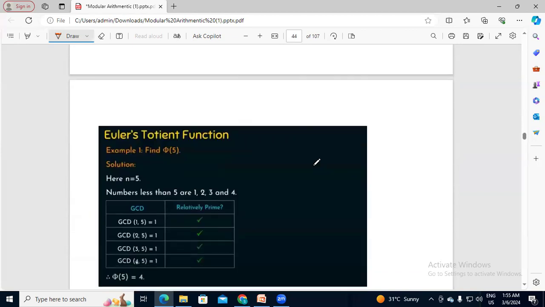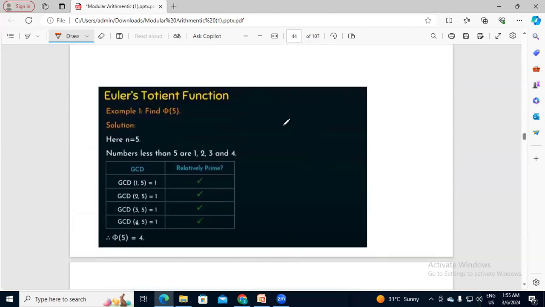So what does it mean? With an example, it will be more clear to you. If anybody asks you to find the totient of 5, how will things work? Here n is equal to 5. You have to check from 1 to n minus 1, and in this case the last number will be 4.